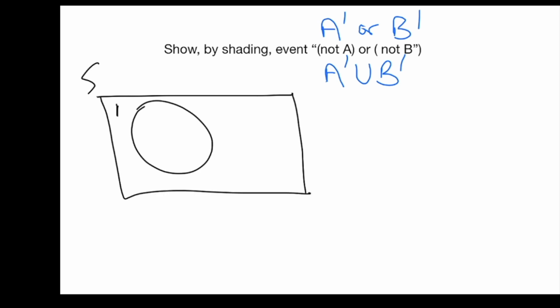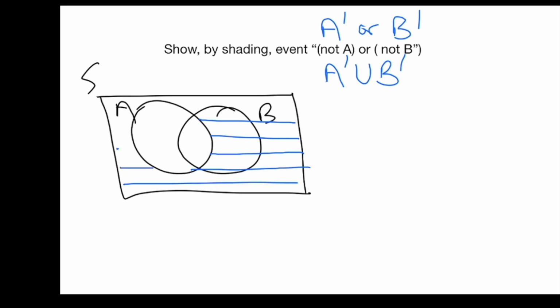You draw set A and you draw set B inside. A complement is outside A, so let's shade outside A. Just straight lines will be fine. That is all outside A. B complement means outside B, so let's shade outside B. Now that is outside B there.